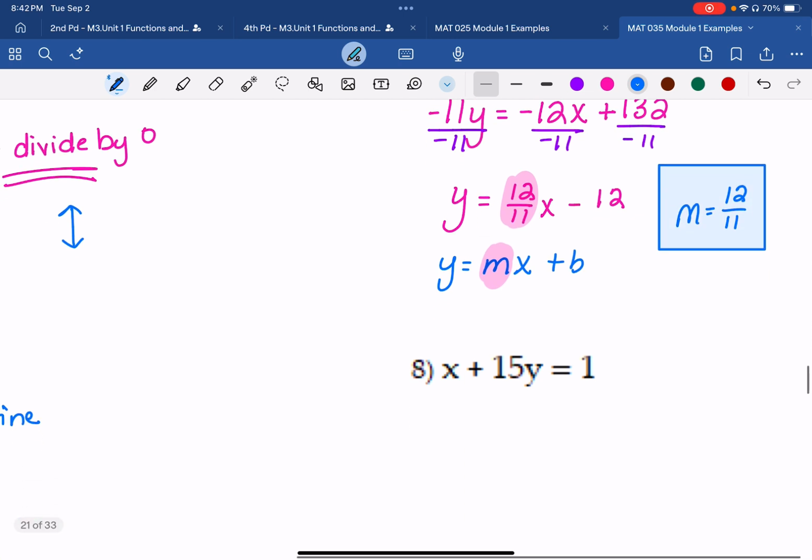Last one, again, this is not in y equals mx plus b form, so I need to get it that way. So I'm going to start by moving my x over. So 15y is equal to -x plus 1. I'm going to divide everything by 15.